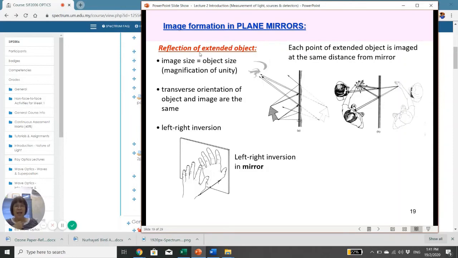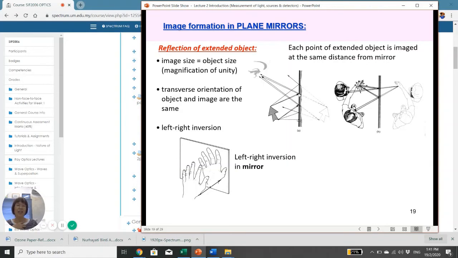Now, another characteristic of image formation in plane mirrors: if you have an extended object, that means an object which is not a point but has an extended length, you can take rays from the ends of it and trace the reflected rays.